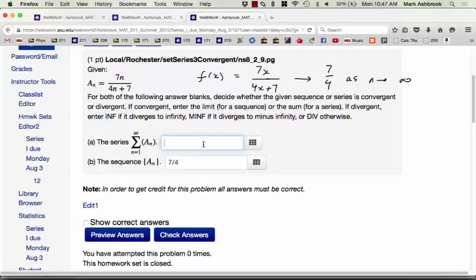After so many terms, it's like we're adding 7/4 plus 7/4 plus 7/4 plus 7/4. What's that series going to do? Diverge, and now they want something a little more specific. They said if divergent, enter I N F if diverging to infinity, and that's what it's going to do.